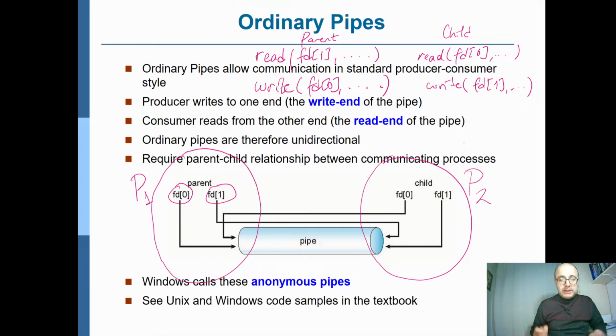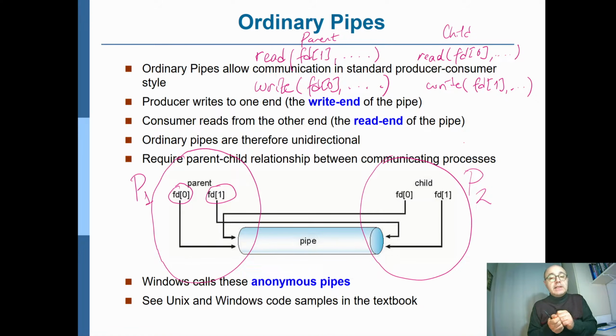But this is typically how the ordinary pipes are working. But pay attention, once again, this would work if and only if the two processes have the parent-child relationship, because that is actually how the child process inherits the parent's file descriptors for the pipe.